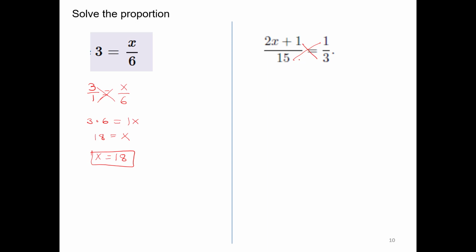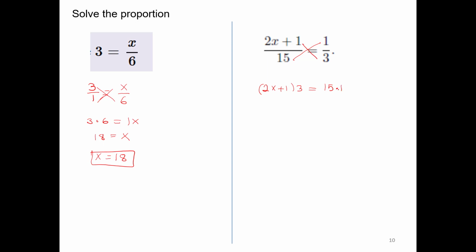We use the cross product. And in this case, we have 2x plus 1 times 3 should be equal to 15 times 1.